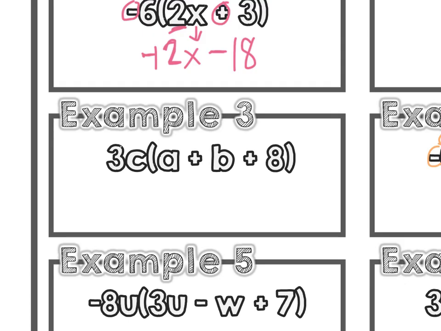All right, now to look at this example, we're multiplying by 3C. So we're going to do 3C times A. And with this example, when you write your variables, they are going to be in alphabetical order also.